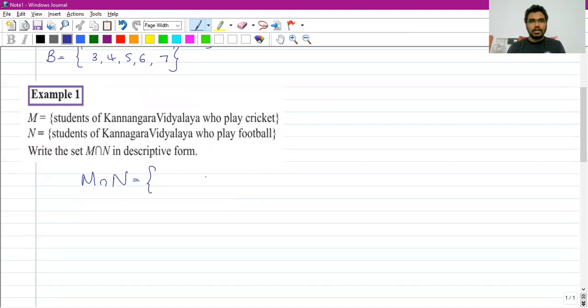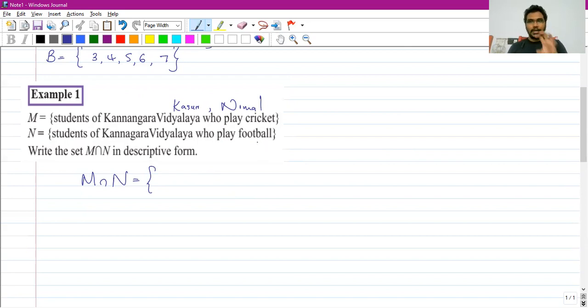If I say Kasun plays cricket as well as football in Kannangara Vidyalaya, and another one, Nimal, plays cricket as well as football for Kannangara Vidyalaya.